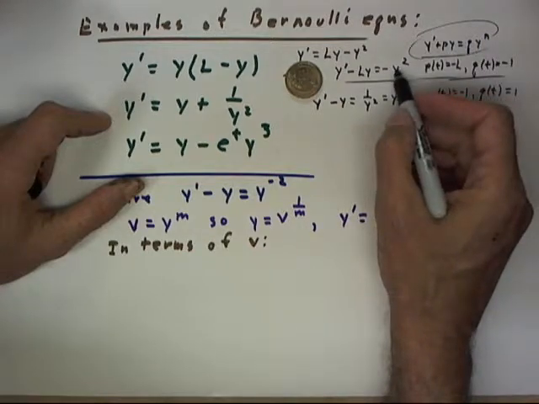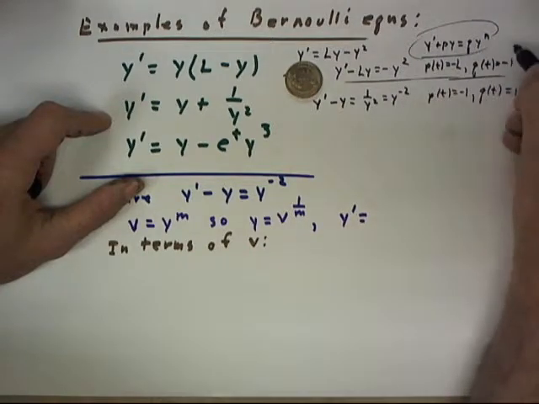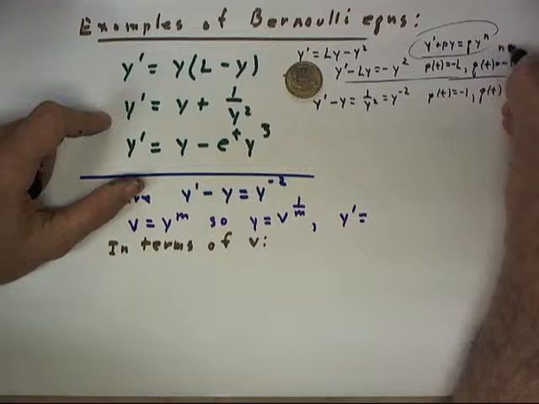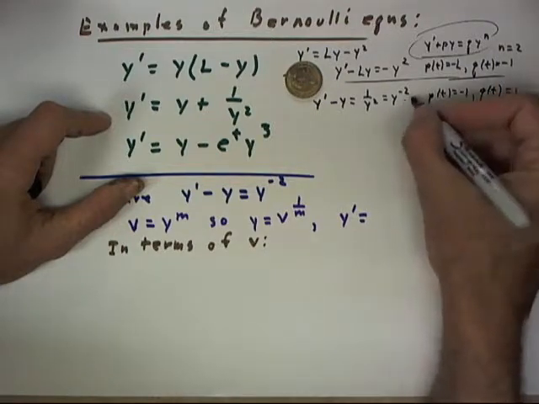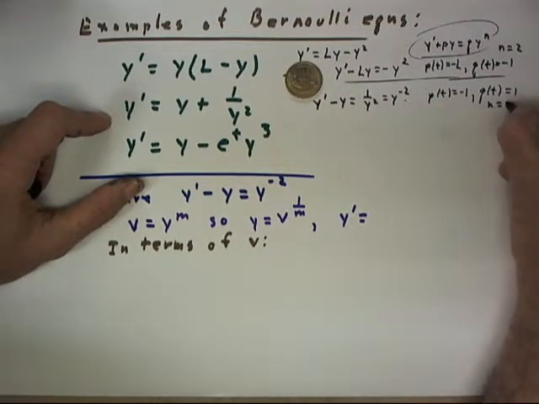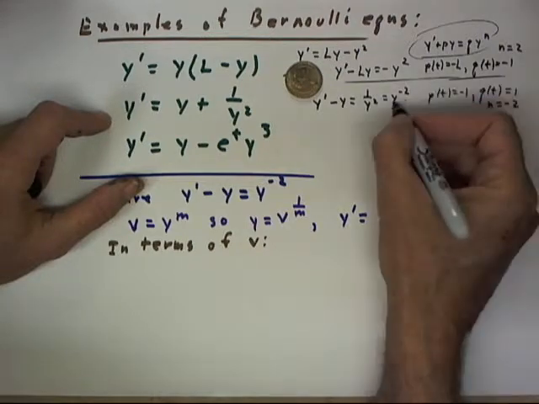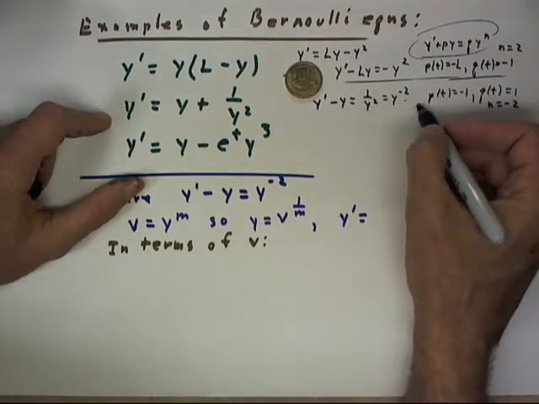Up here I forgot to specify that the power of y is 2, so I need to specify also that n equals 2. And here n equals negative 2, because y is raised to the negative 2 power on the right hand side.